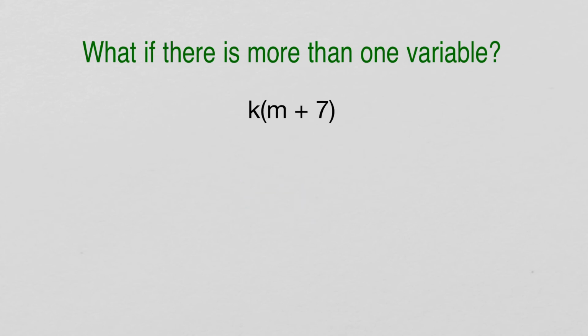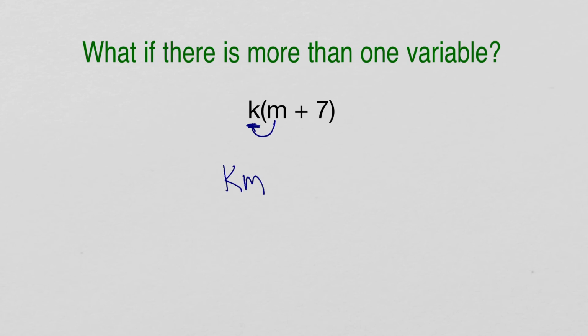Let's look at another example here. We have k outside the parenthesis, and then in the parentheses, m plus 7. Again, I am going to take what is on the outside, which in this case happens to be a k, and multiply it by each thing on the inside individually. So k times m is km. Remember, whatever comes first alphabetically is what you list first. So k comes before m, so that's why I'm saying km rather than mk.